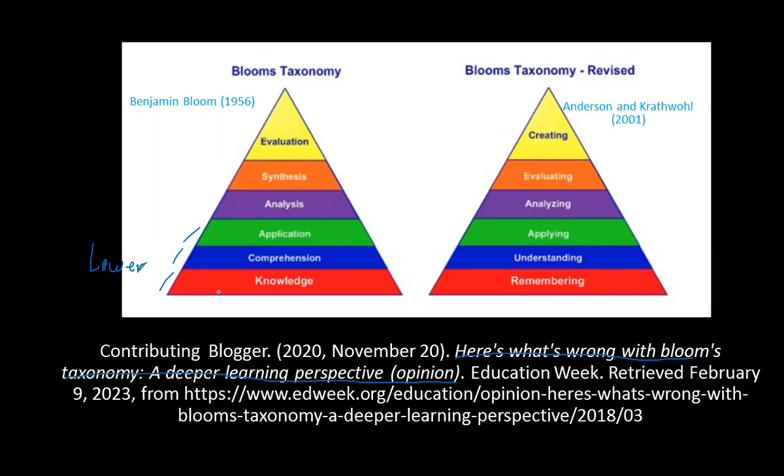Like, what do you know? Comprehension is how do you understand it, or what do you understand to this certain subject or topic? Application, basically, kung ano yung natutunan mo, let's try to apply it in a certain scenario or situation. That's what you call application. So these are the three lower levels.